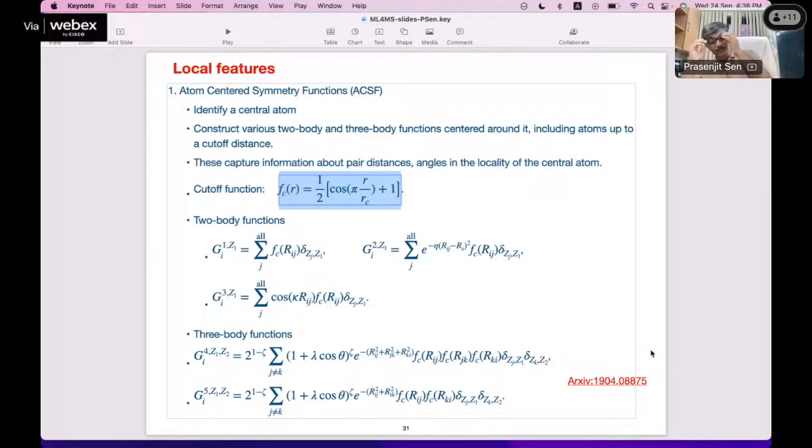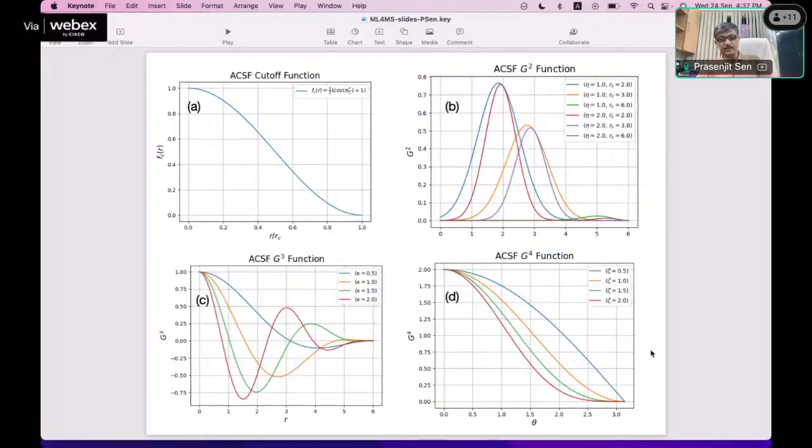So that captures information about the local geometry about a central atom. That was the whole idea, and I showed you how these g2, g3, g4 functions behave and what kind of information they can capture.